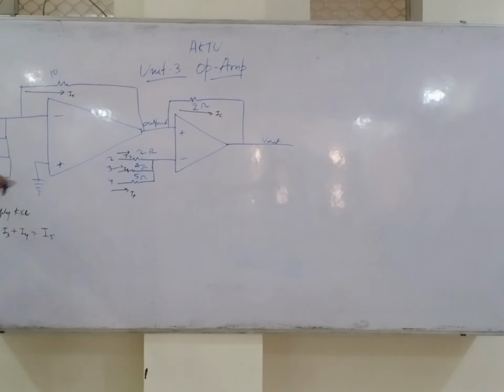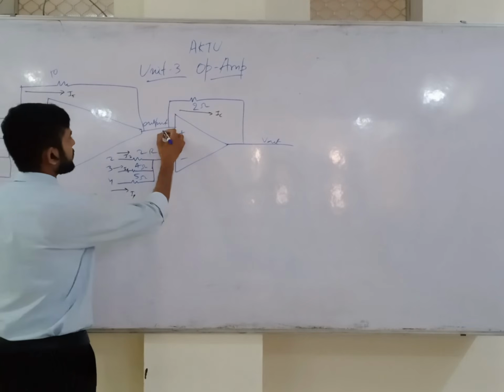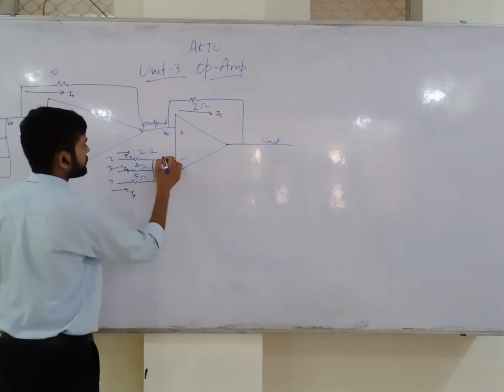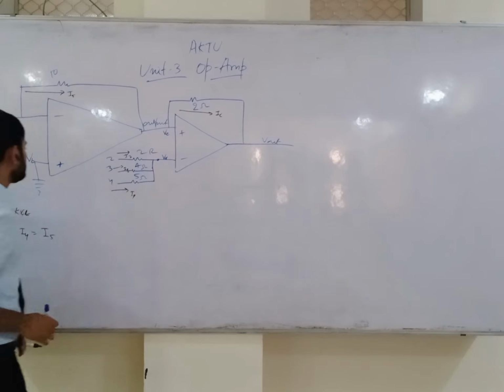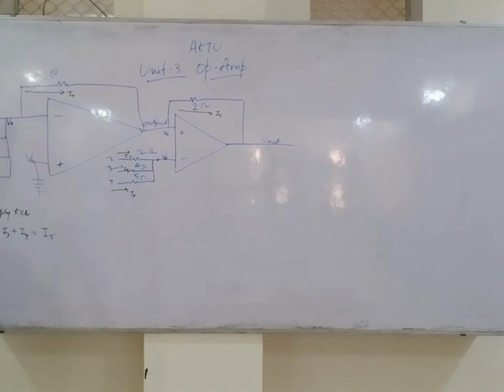Now we solve this. From I1, this is VA, VB, VC, VD. This is VA.